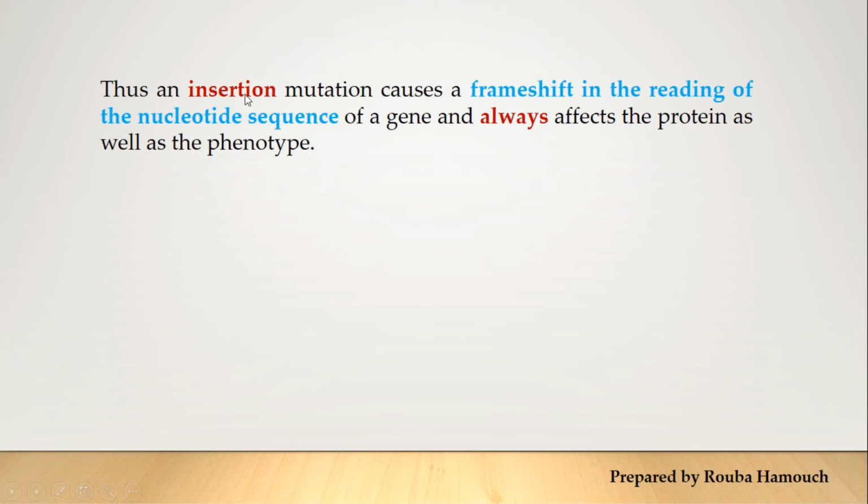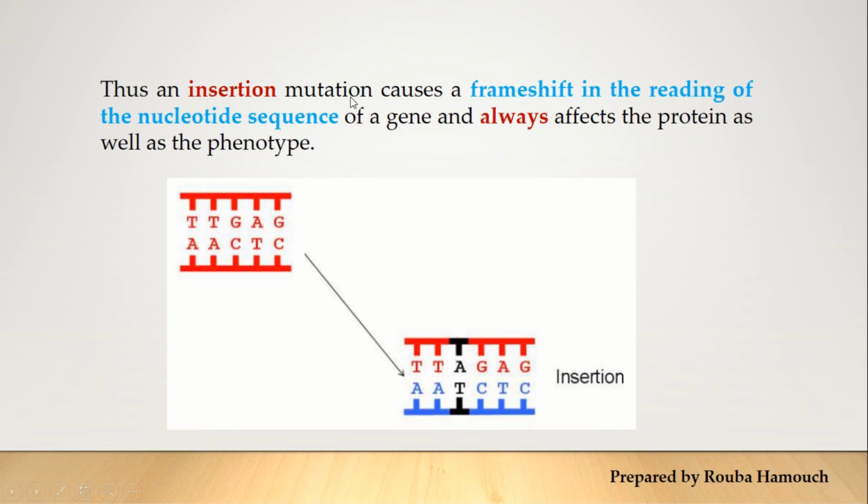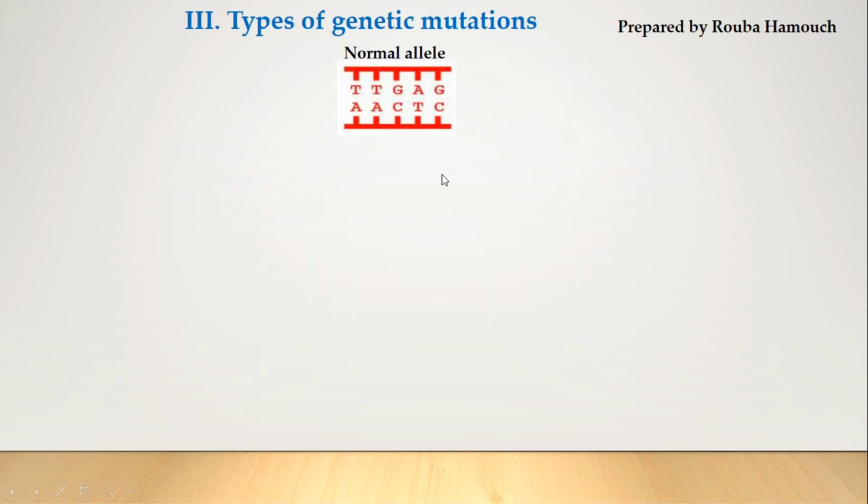So, as a definition, the insertion mutation is the addition of one or more nucleotides that causes a frame shift in the reading of the nucleotide sequence, which means that it causes a displacement of the following nucleotides, affecting thus the protein sequence and the phenotype. So the insertion is not silent, cannot be silent. It always affects the phenotype like the deletion, while the substitution can be silent.